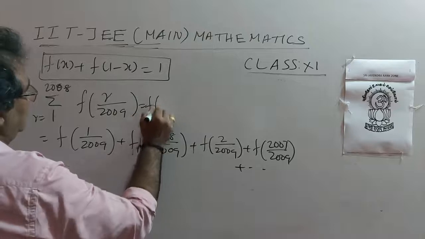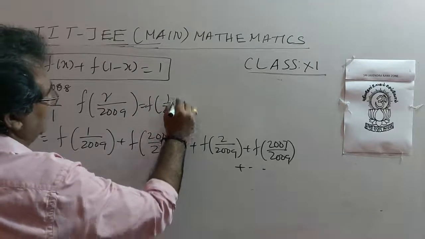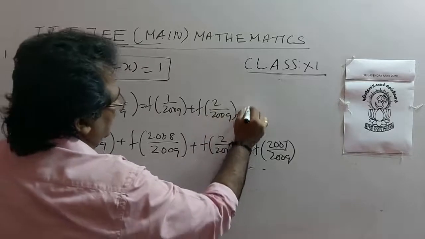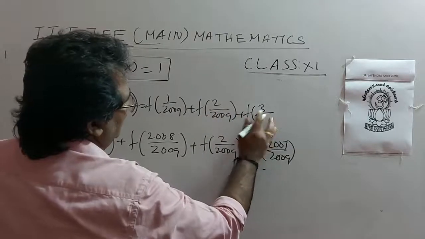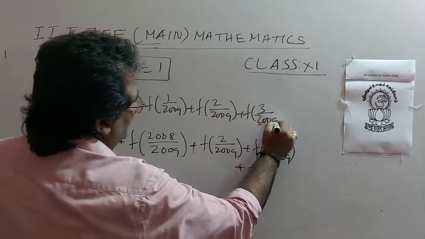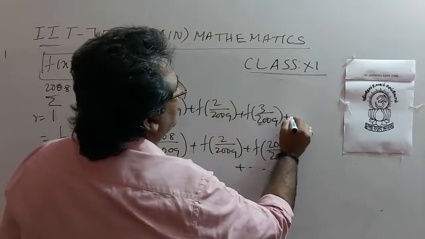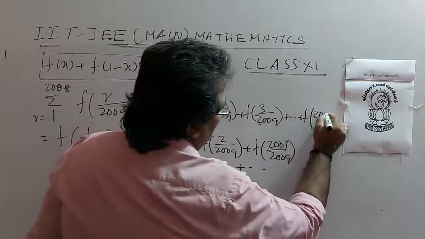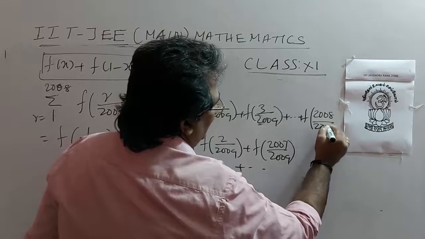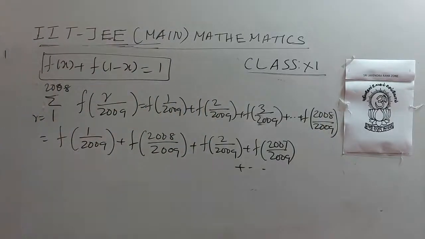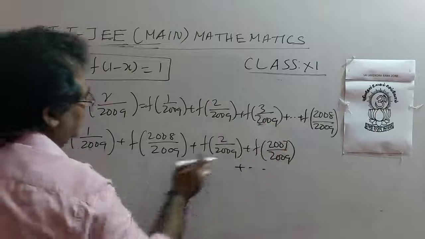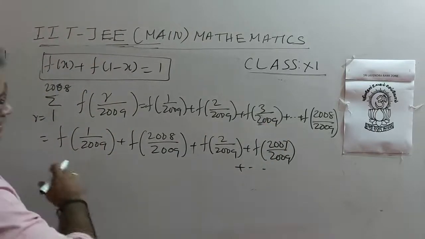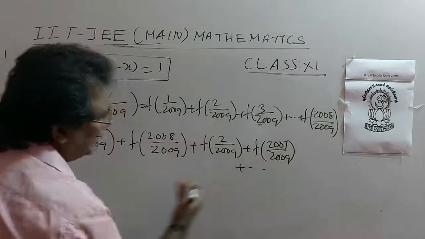That is f of 1 by 2009 plus f of 2 by 2009 plus f of 3 by 2009, up to f of 2008 by 2009. First and last you pair, then second from the beginning and second from the last you combine.